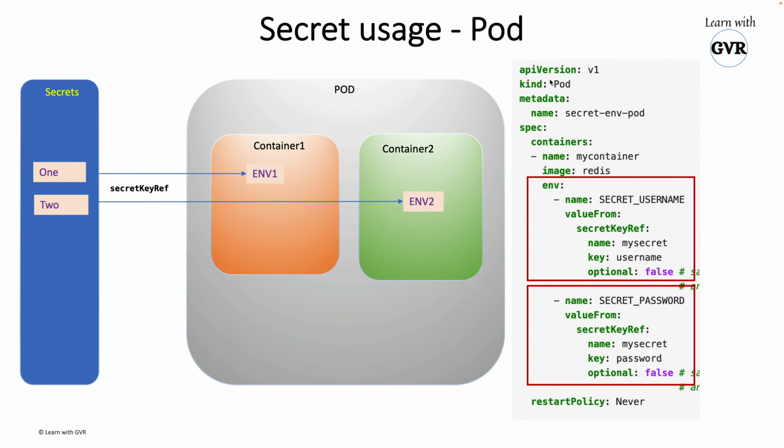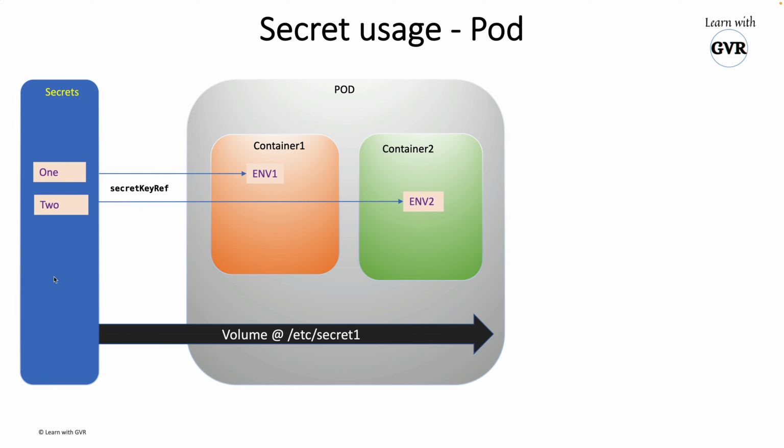So it's possible by using secretKeyRef. How? This is the pod definition. I wanted to expose it as an environment variable in this particular container, where you are referring to the secret as an environment variable, right? And there is another way where you can mount this particular secret as a volume at pod level, but with container level volume mounts.